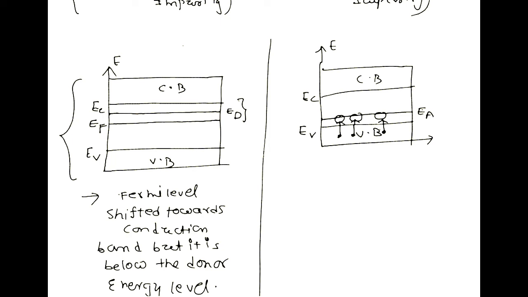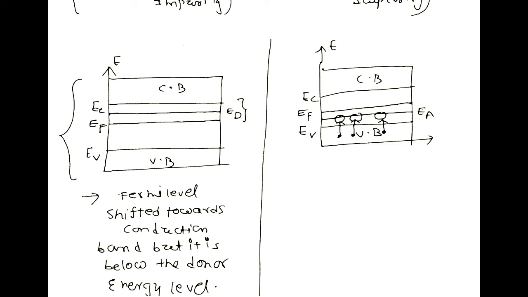So this shifts the Fermi energy level towards the valence band. This is EF. Because the probability of occupying an energy level is high at EA, the Fermi level shifts towards the valence band.